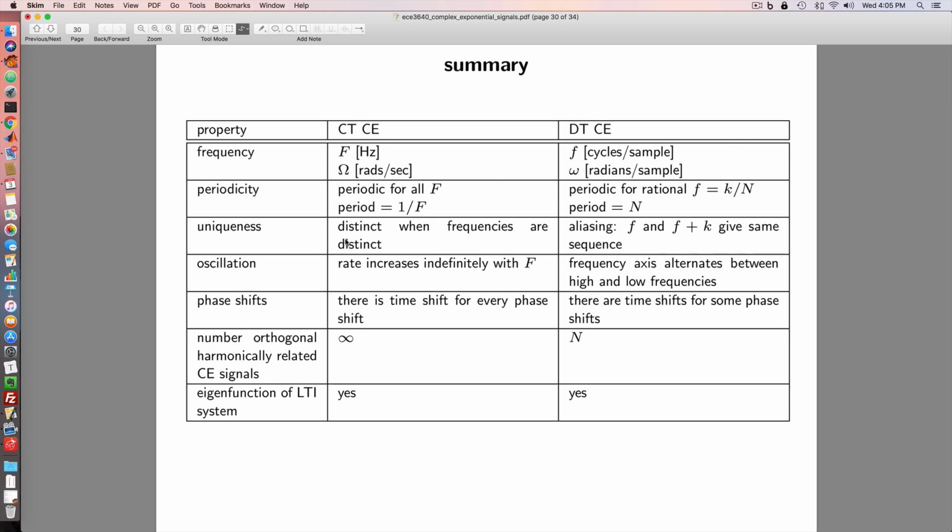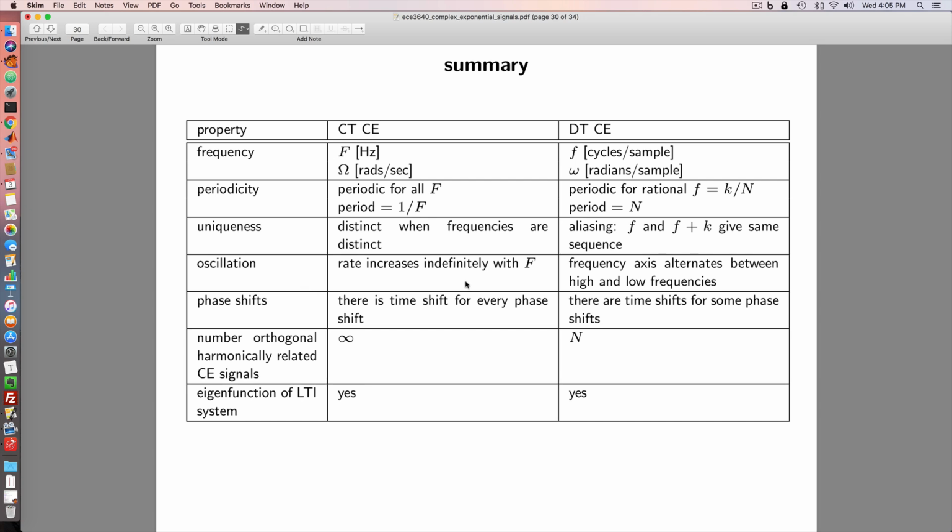From the standpoint of uniqueness, all continuous time complex exponentials are unique and distinct if they have different frequencies. In the discrete time case, that's not the case. We have this aliasing concept. Frequency aliases are separated by integers.